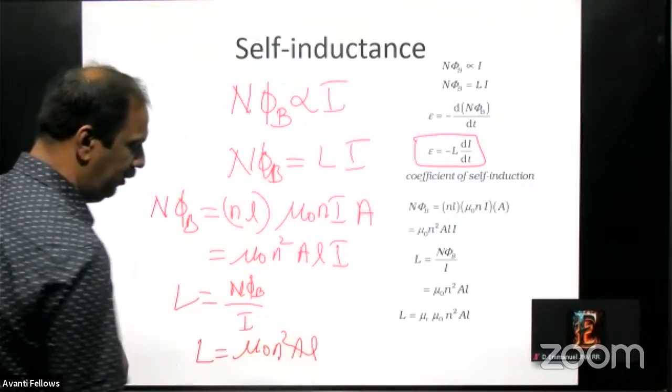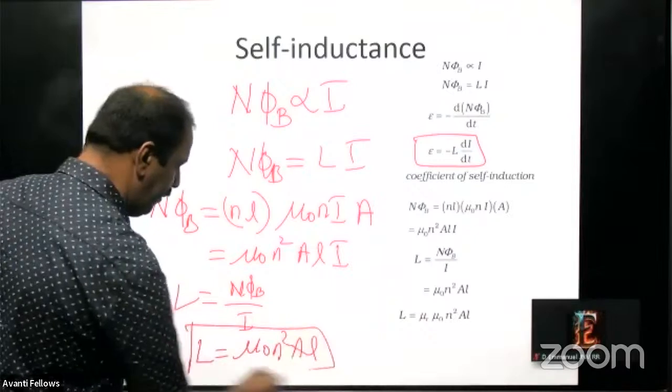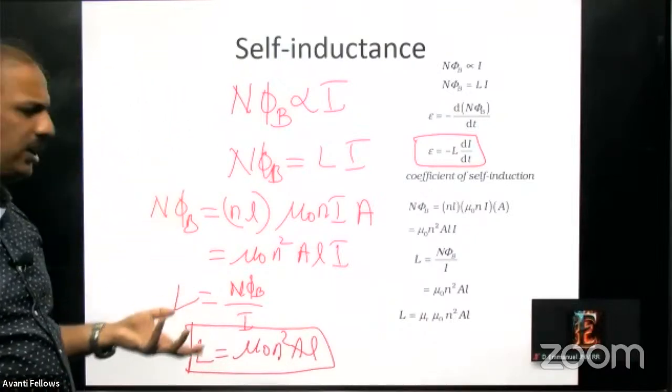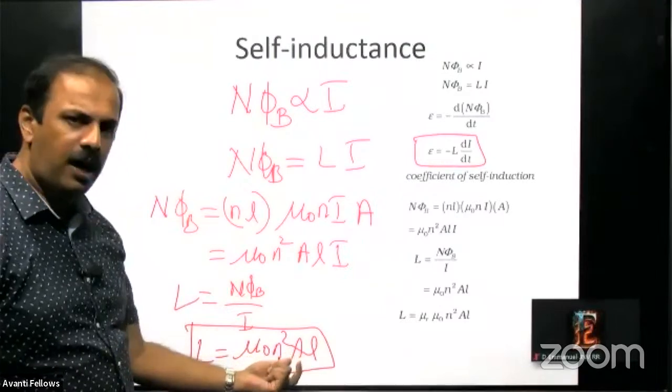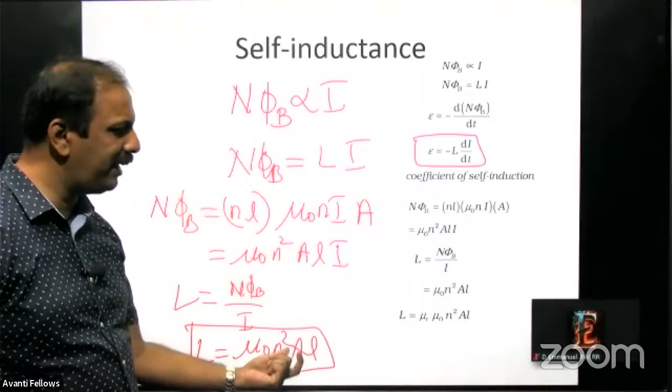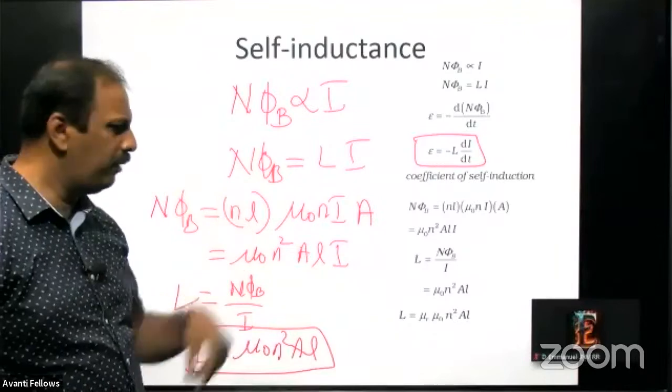Okay. So this is the equation for self-induction, same as the mutual inductions there only. Only difference is in that case we took this pi r1 square. Here instead of that, you are directly writing it as A itself because only one coil is there.